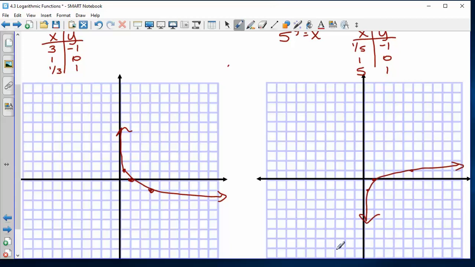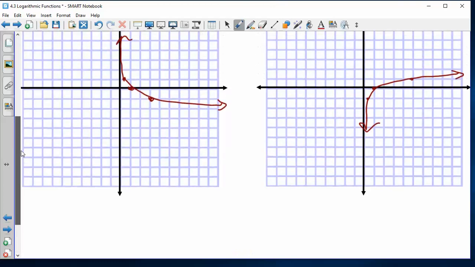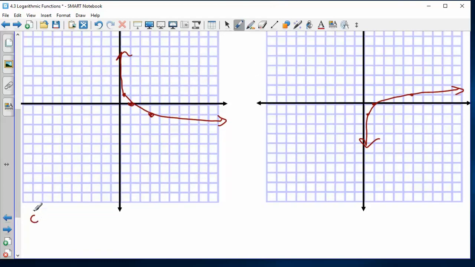Got something like this? What if, I'm going to kind of add this on, since I already have those graphs right there. What if I said f of x equals log base 1/3 of x plus 2?